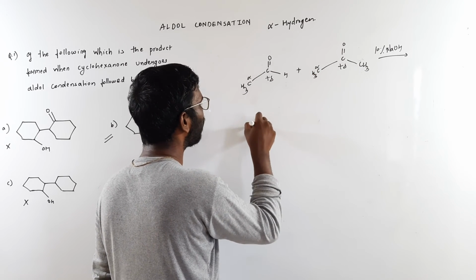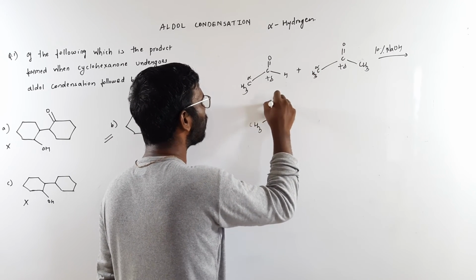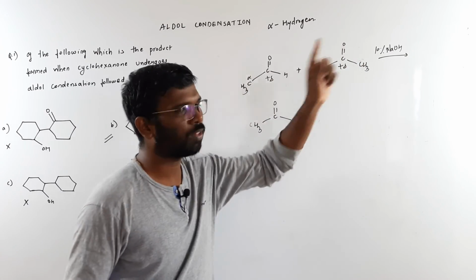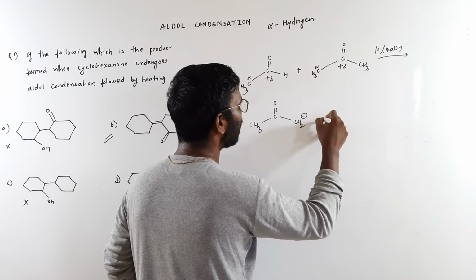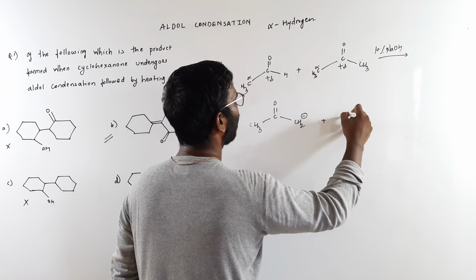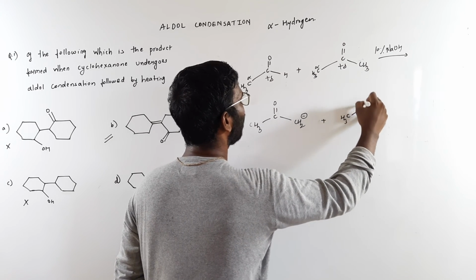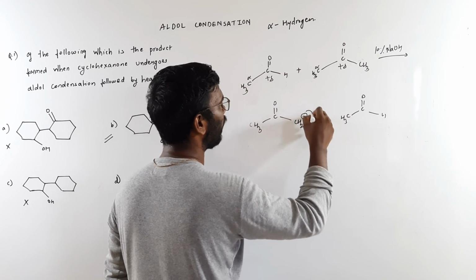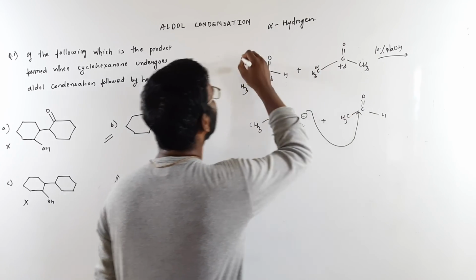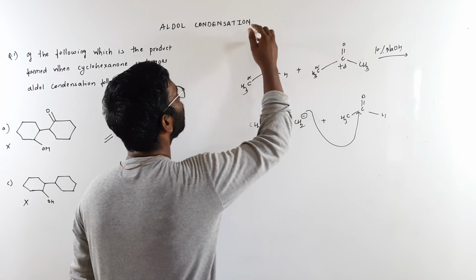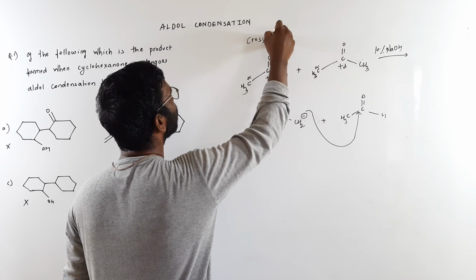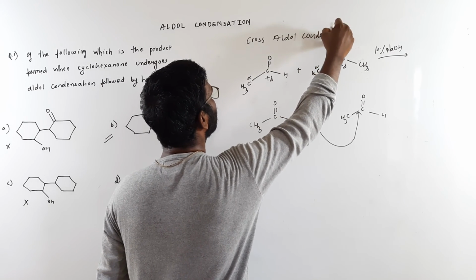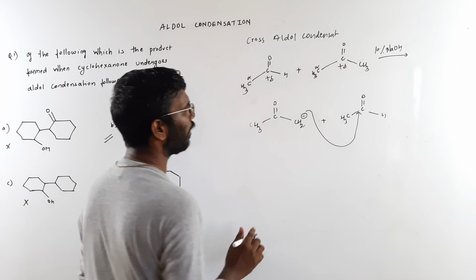Over here, CH3, CH2, CH2O minus, one of the hydrogens will be removed. This is the second step I am showing, and the second molecule you are taking is the aldehyde. It is a cross aldol condensation between two different compounds, an aldehyde and a ketone.